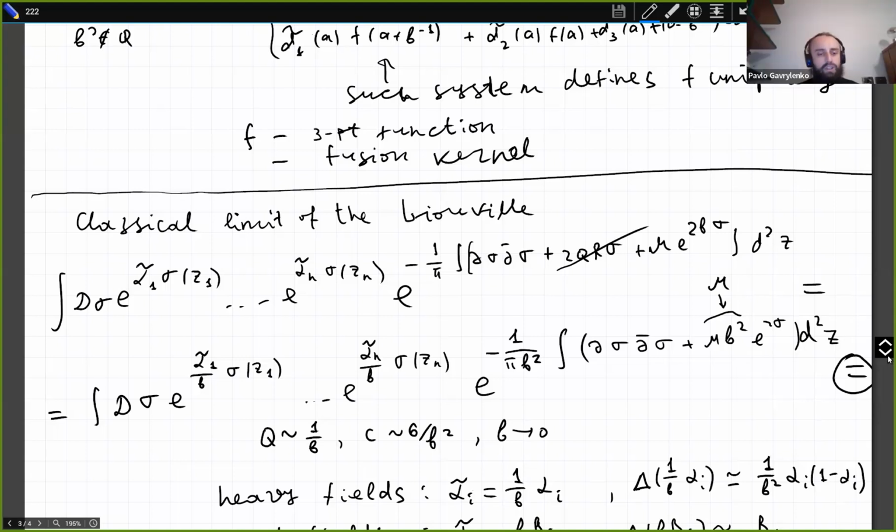Well, there is of course a classical prefactor. No, sorry, it's not a shift of the zero mode. It is a rescaling of all other modes.